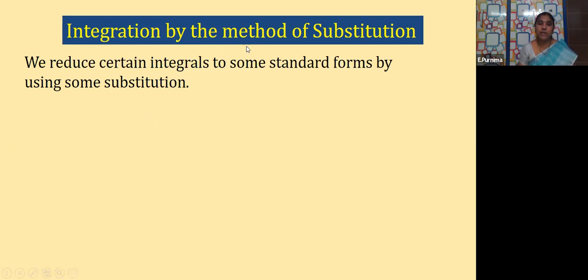Suppose those things are not possible, and you are not getting any other method. In such a case, to solve the sum, we use the method of substitution. Different methods we follow. Yes or not? If you are not getting it directly, we go for another method, that is the method of substitution.